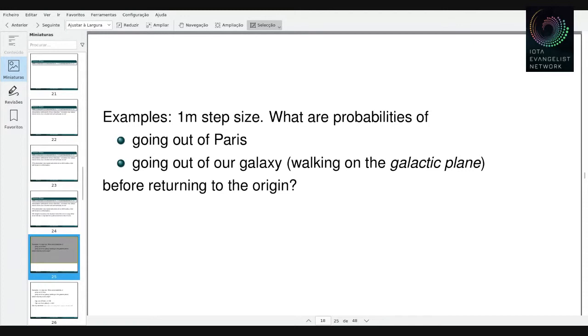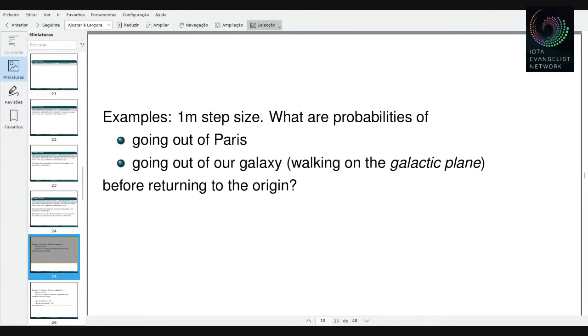Then, what is the probability of first going out of Paris? That is, you start somewhere in the center of Paris, like the Pyramide du Louvre, and you do this random walk in 2 dimensions, and you want to know the probability that you will come to the Boulevard Périphérique before returning to your starting location.